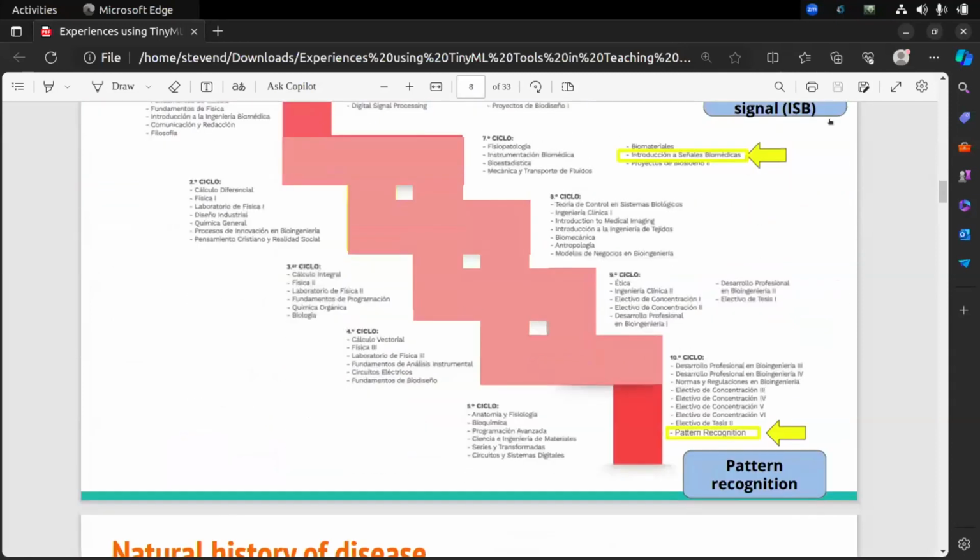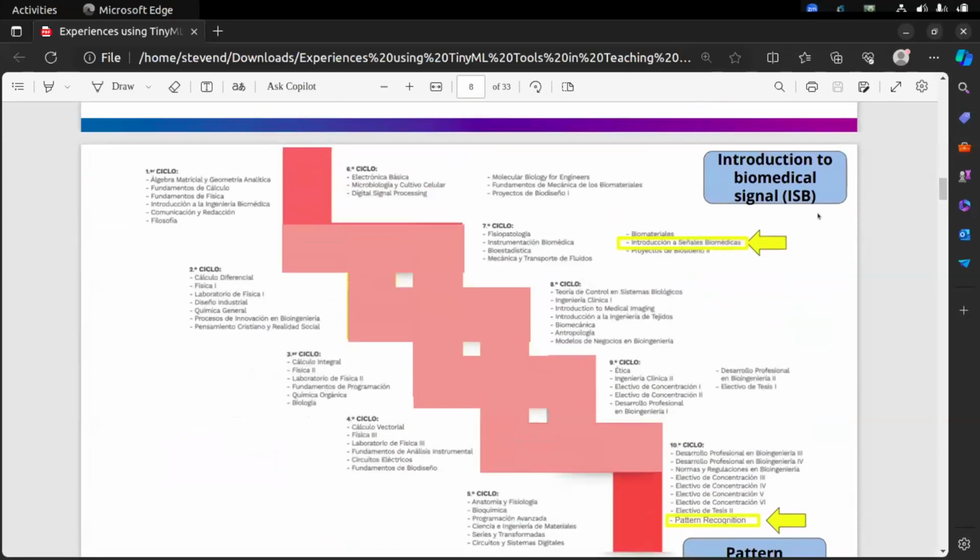Well, in the progress of getting the degree, we offer several courses in 10 semesters, but particularly in 2 semesters, we offer 2 courses in which we introduce tiny machine learning theory. One of them is Introduction to Biomedical Signals, and the other one is Pattern Recognition. In both courses, we have introduced these topics.